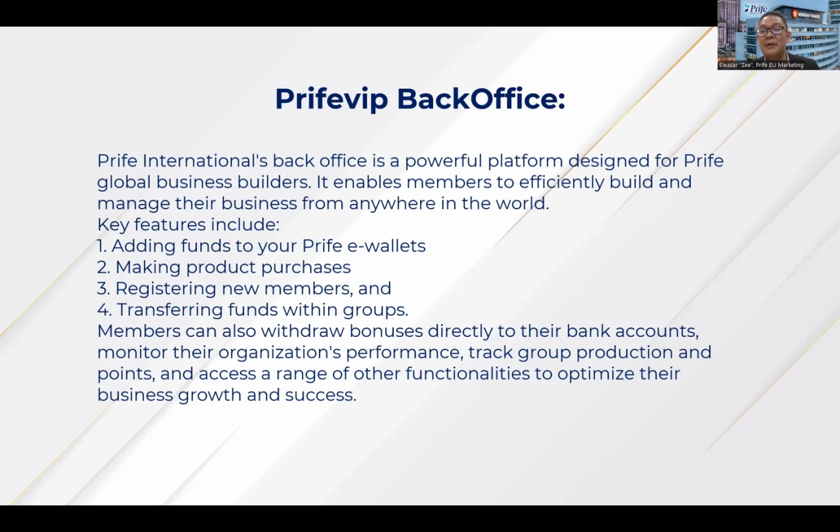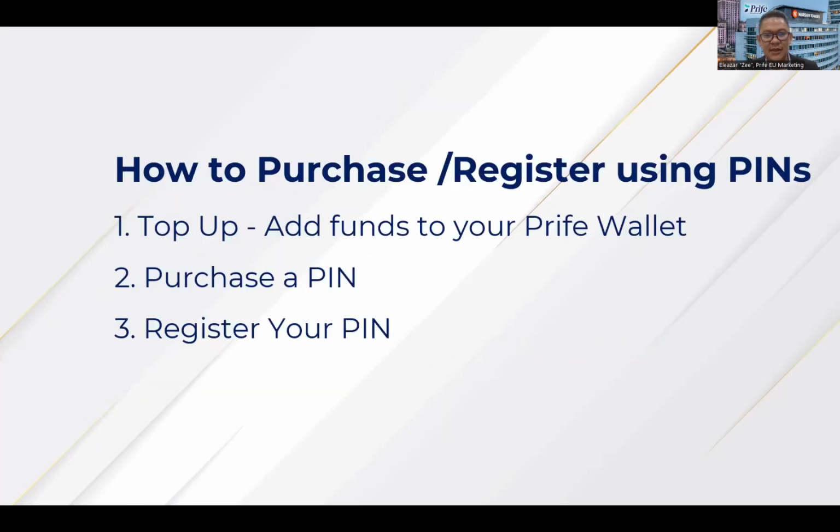All right. So, of course, what are the basic functions that we need to do in the back office? Okay. So, of course, the first thing is how do we purchase, right? How do you purchase or register products and maybe register new members?